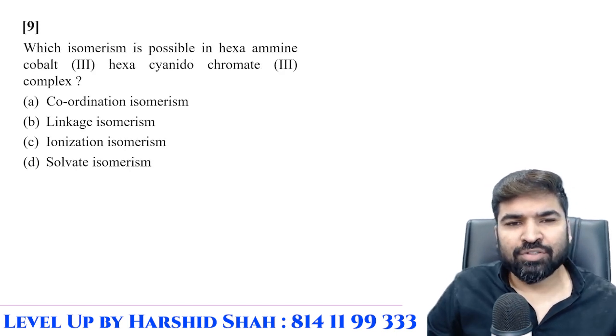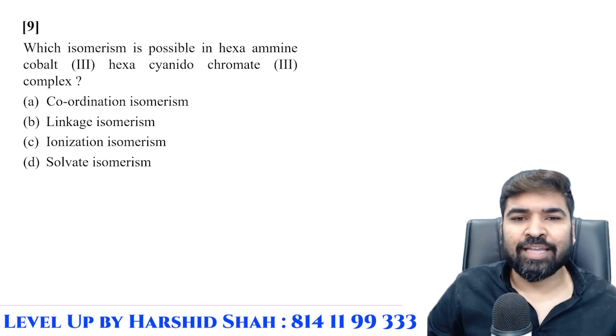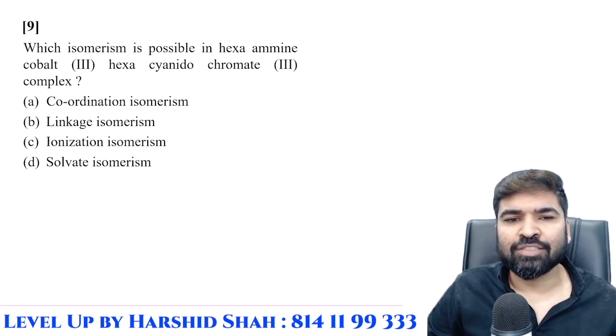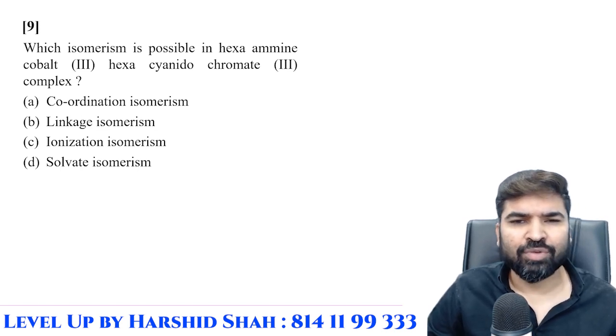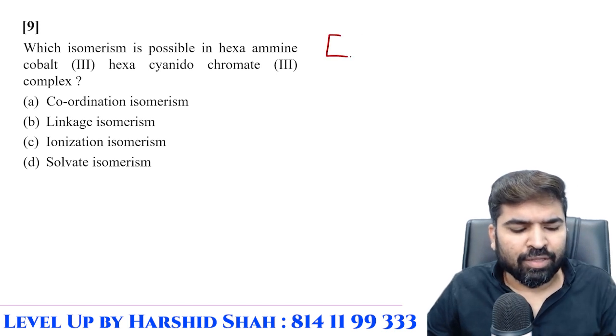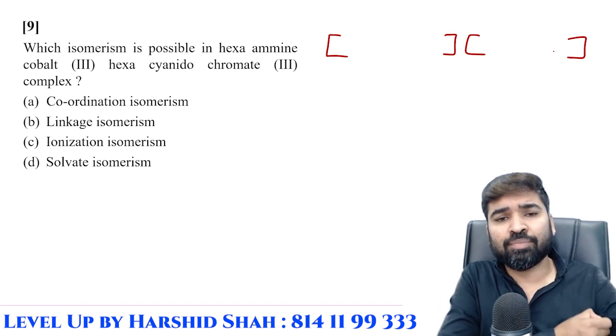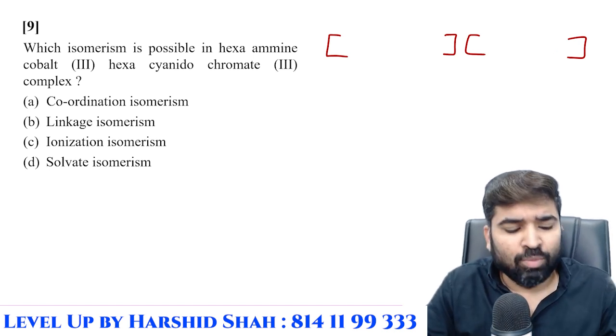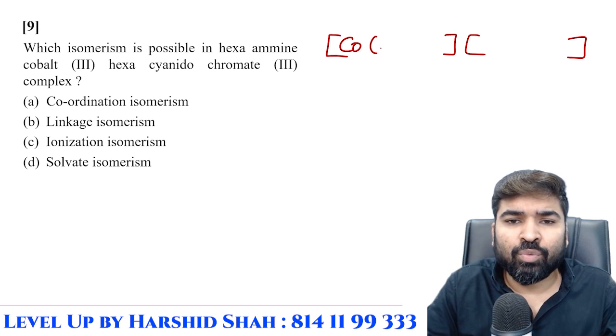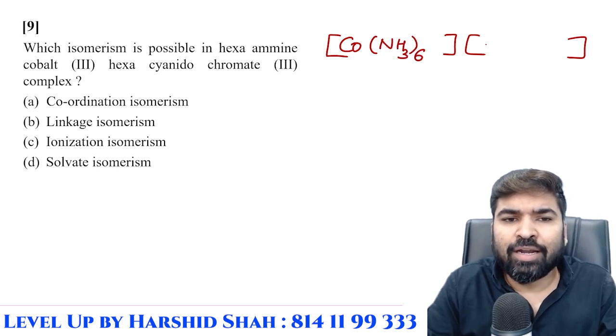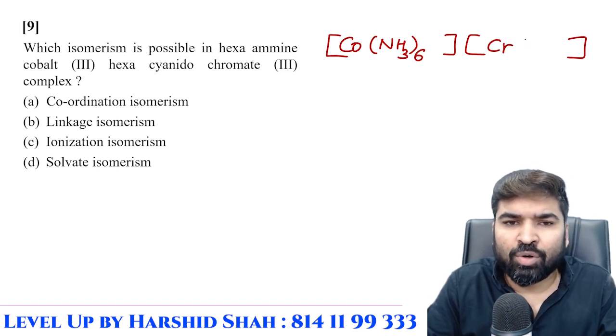Which isomerism is possible in hexaamminecobalt(III) and hexacyanidochromate(III)? It's very simple. If you look at the compound, it is going to have 2 boxes. There are 2 boxes here, right? Hexaamminecobalt(III), so it is cobalt with hexaammine NH3 6 times, and we have hexacyanidochromate, so यहाँ पे chromium होगा और cyanide होगा 6 times.